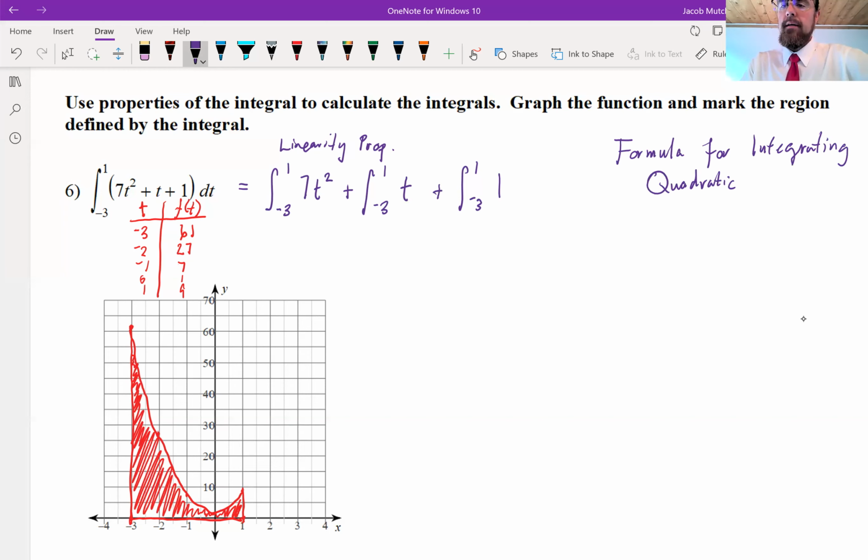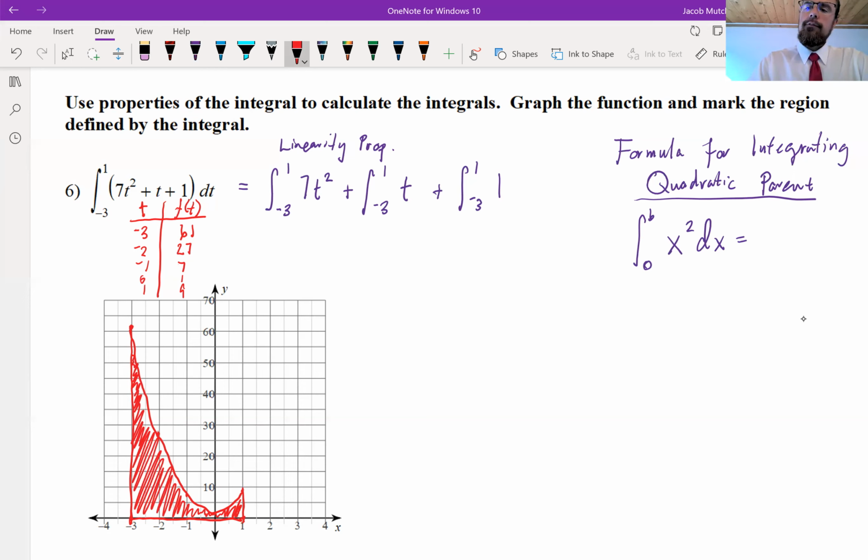So let's say what that formula is going to be. So we'll start off and say the integration from 0 to b of x squared dx. So again, I need to think in terms of antiderivative. If I have a function that's going to be differentiated and become x squared, the first thing that I've got to think of is that the original function would have had to be x cubed, the cubic function.